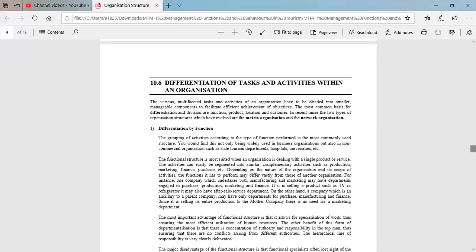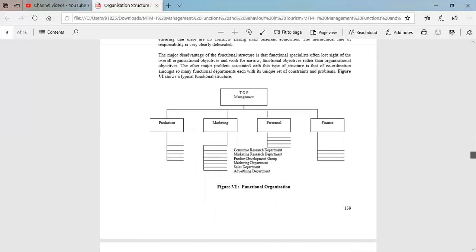So one thing is that when one work can be divided and done by other sets of works, as in a matrix, here also organizational tasks and activities depend.